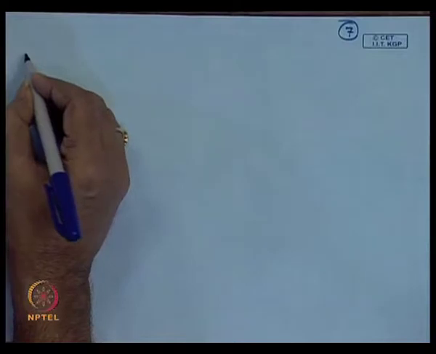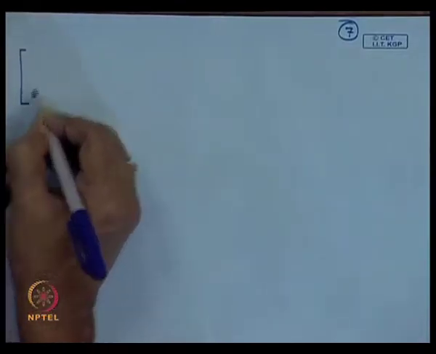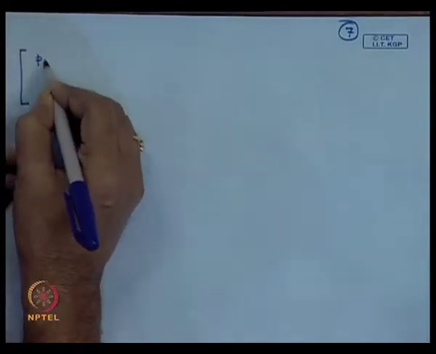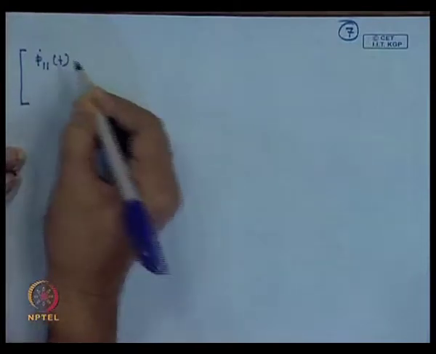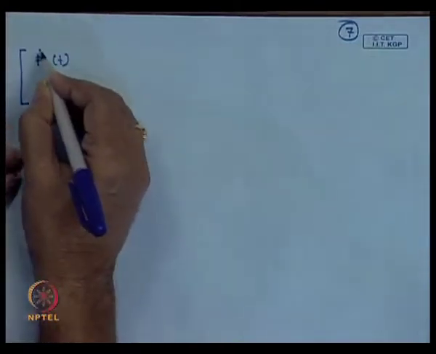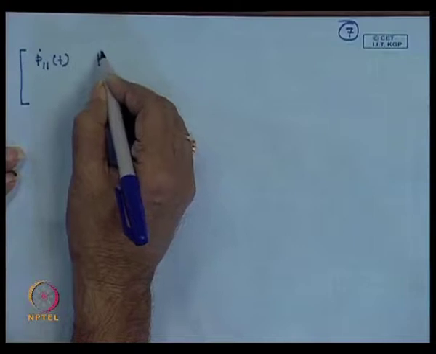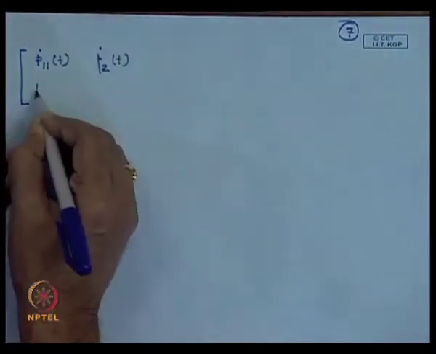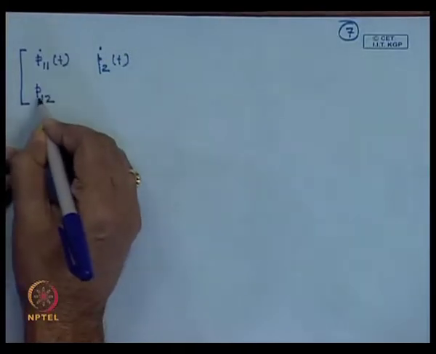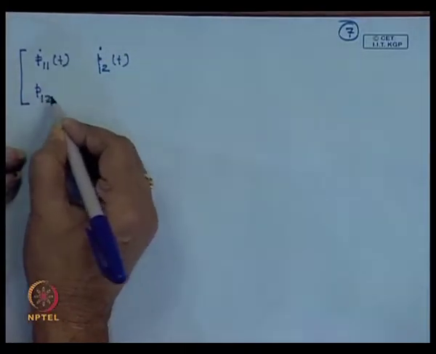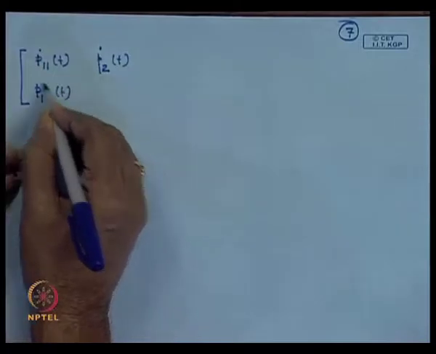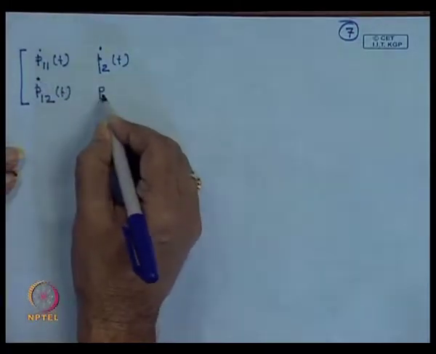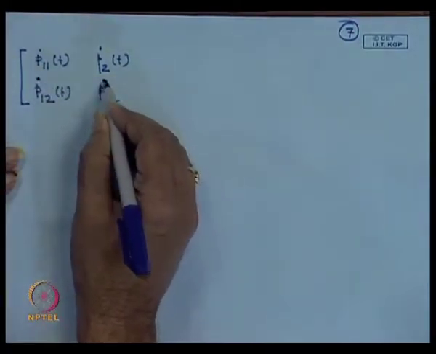So, our P of t, since P is a symmetric matrix, I can write each component of P this way: P 1 1 dot, P 1 2 dot of t, and since it is symmetric, P 2 1 is the same as P 1 2 dot of t, and then P 2 2 dot of t.